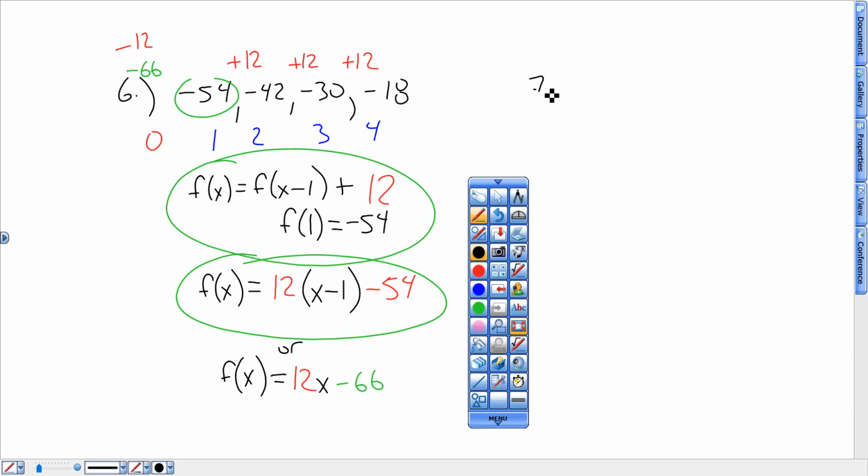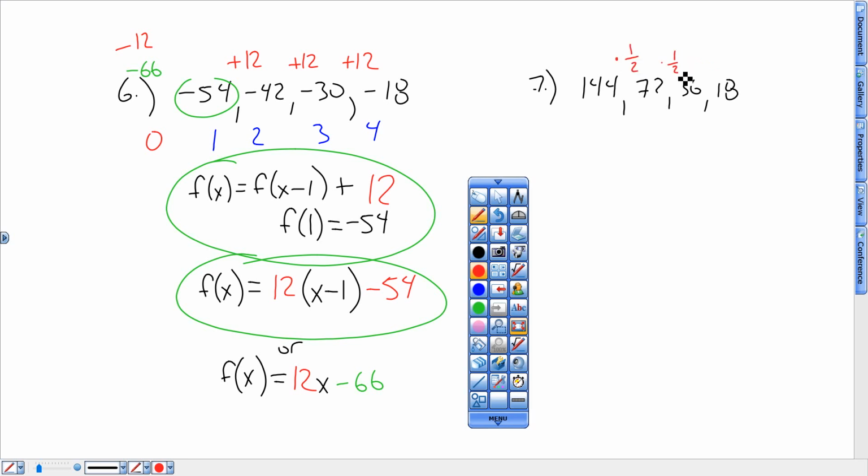All right, number 7. Another sequence here. This looks geometric. Looks like this one has me divide by 2, but remember there's no dividing by 2, even though that's what I'm doing. I'm timesing by the reciprocal of 2. I'm timesing by a half.